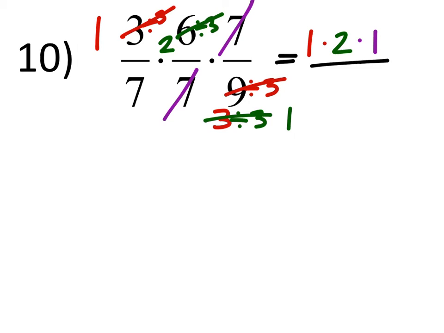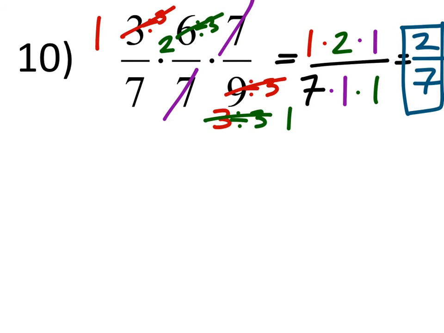Then the bottom I had that 7, and then that 7 that canceled into a 1, and now that 9 also turned into a 1 in green right there. So multiplying these out, once again, 1 times 2 times 1 is 2, 7 times 1 times 1 is 7. Same answer, just a little different method on that.